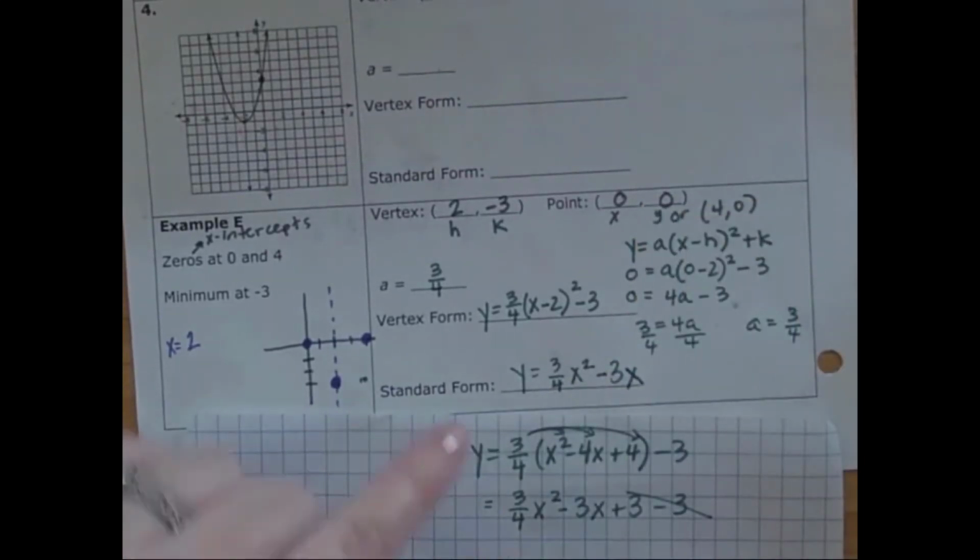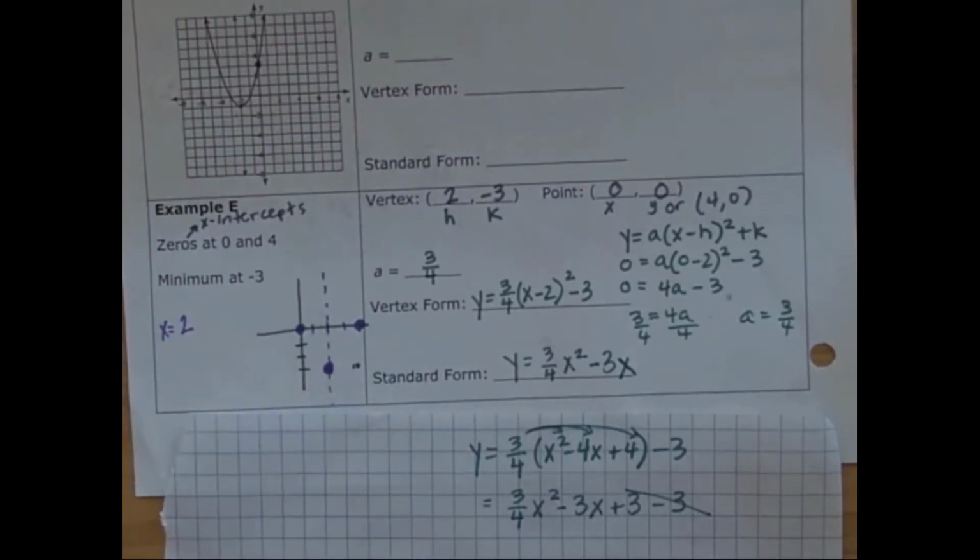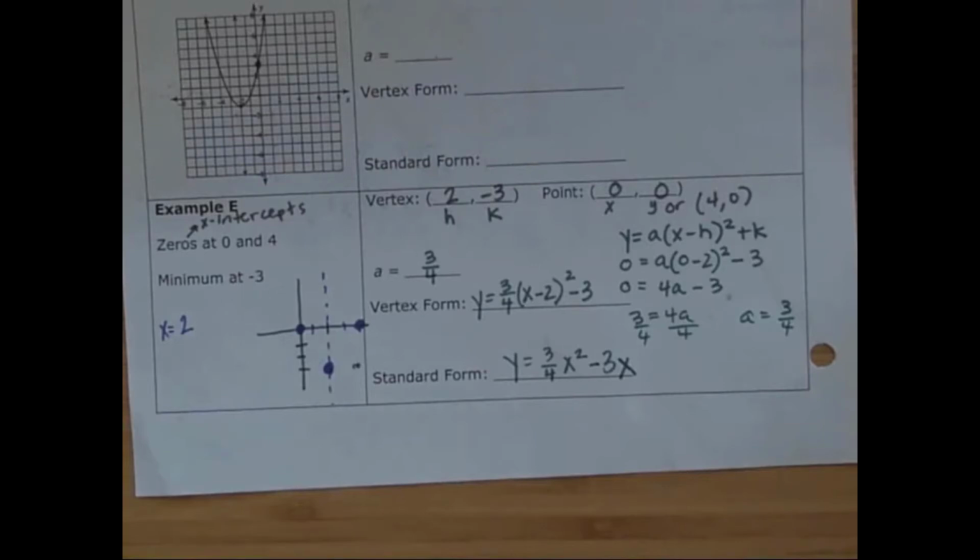And I just want to tie this to the zeros for a second. Remember when we talk about solving a quadratic, we're talking about the solutions where y equals 0. We can do that by factoring and using the zero product property.